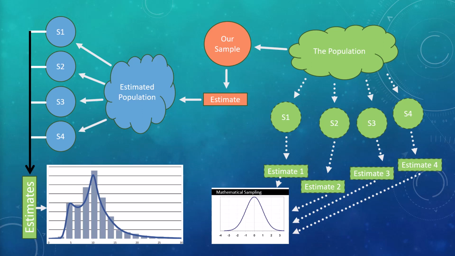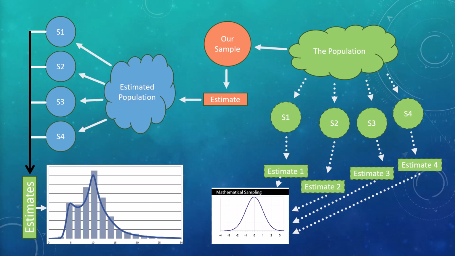Unlike our parametric methods, in which we look at a sampling distribution that is mathematically derived, we take an estimated population based upon our statistics, and using those statistics for our population parameters, we empirically draw many samples from that estimated population.